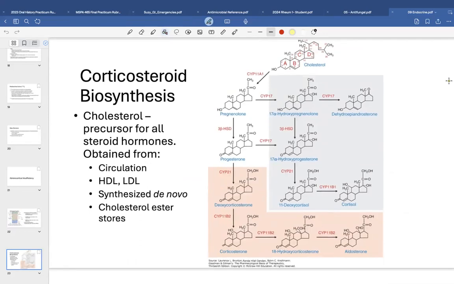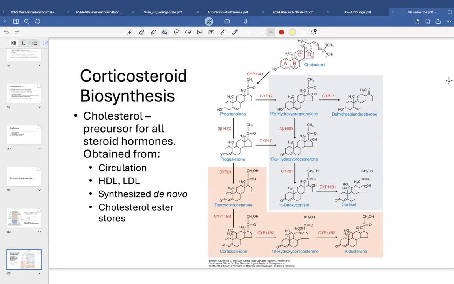Steroids, you should know by now, this has never been a chemistry class, but I've always kind of pointed out that you have this very characteristic 4-ring backbone based on that cholesterol steroid structure. Cholesterol you can get from the diet.